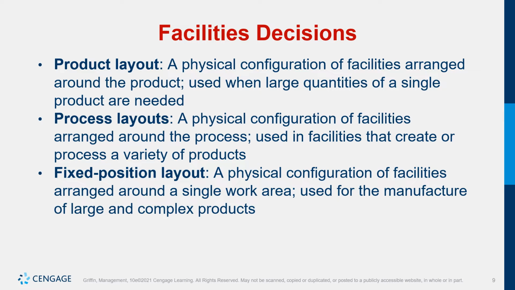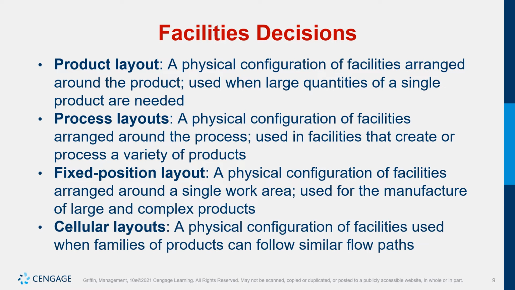Fixed position layout is a physical configuration of facilities arranged around a single work area, used for the manufacture of large and complex products. Cellular layout is a physical configuration of facilities used when families of products can follow similar flow paths. Watch this video about facilities decisions.